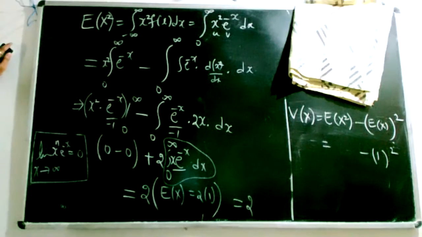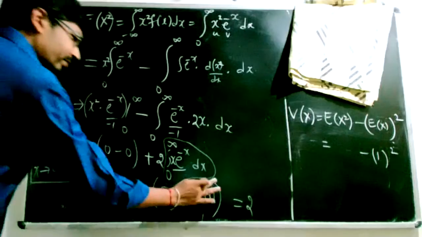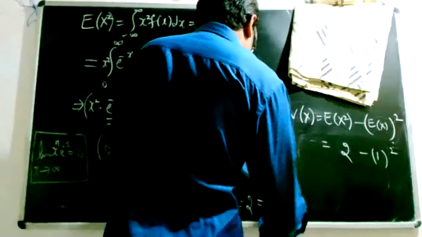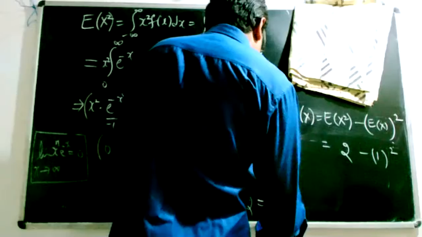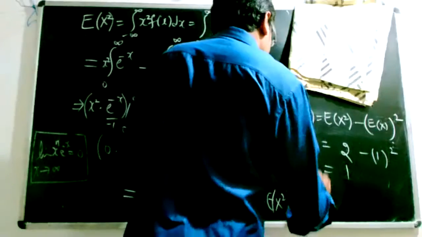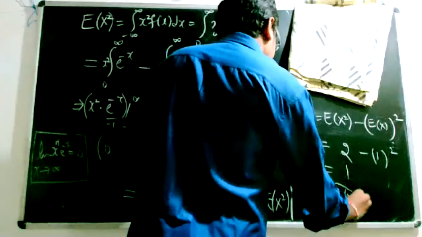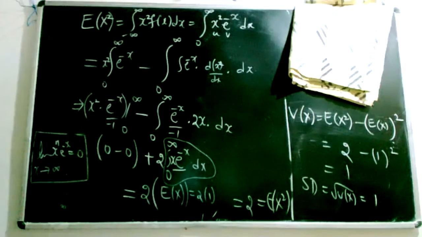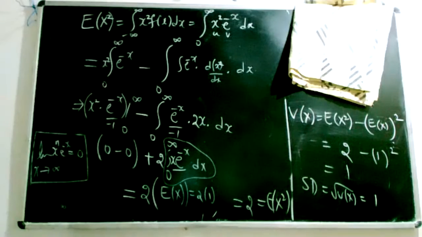Otherwise, apply the product rule again and solve it. So you get E of x square is equal to 2 and E of x is equal to 1. So the variance is equal to 1. Standard deviation is also equal to 1. So this is a special distribution where mean equals variance, and variance is equal to standard deviation.